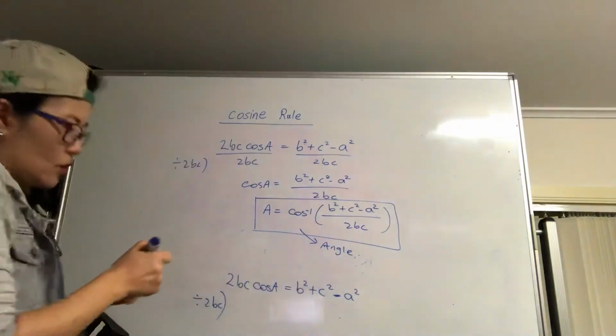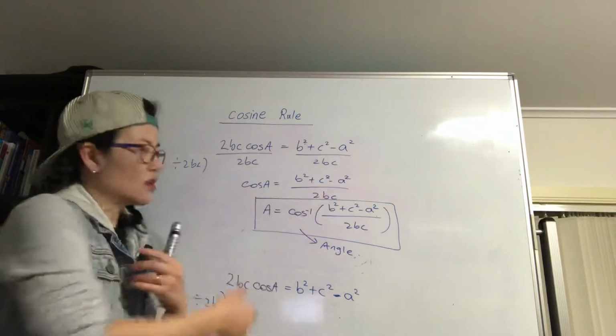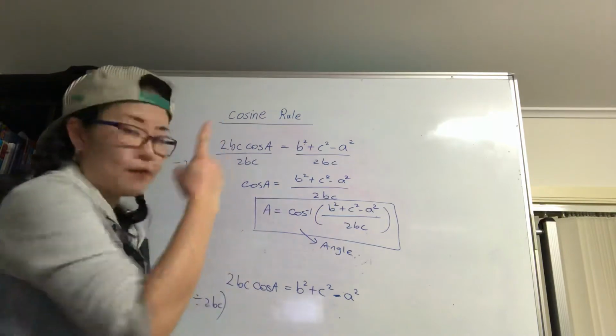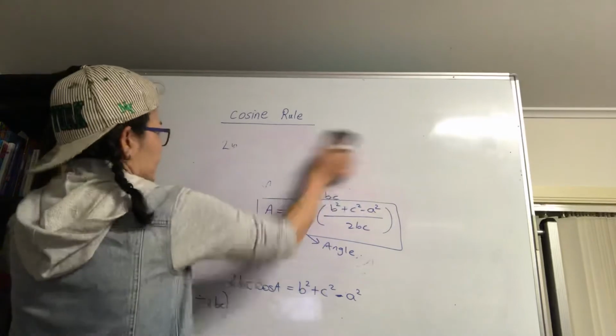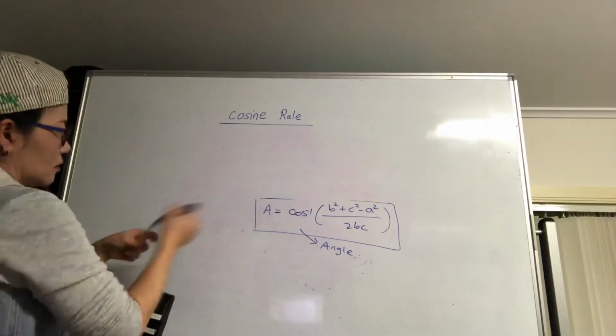Okay? You can only remember one, and then you can just make cos A the subject if you want. Or if you want, you can memorize two things: one for the side, one for the angle. So let's summarize. This was the angle. What was the side?